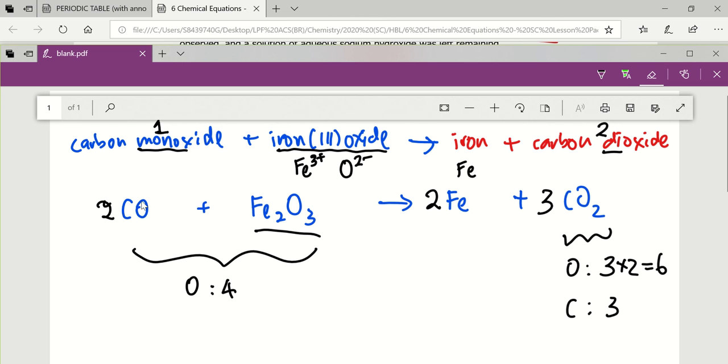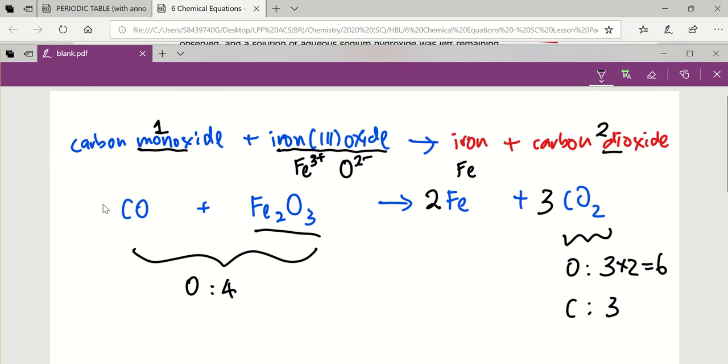So instead of 2, let's change this to 3. With this, how many oxygen do I have in total? It will be 3 from carbon monoxide plus 3 from iron 3 oxide. I have 6, and you notice that it is also 6 oxygen at the product side.